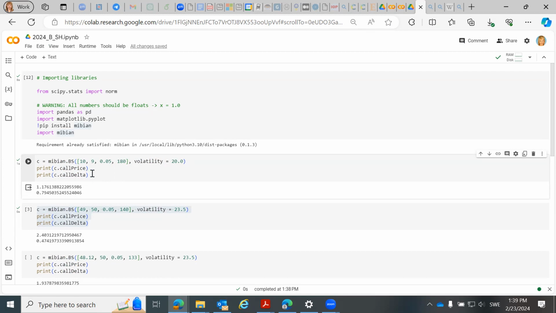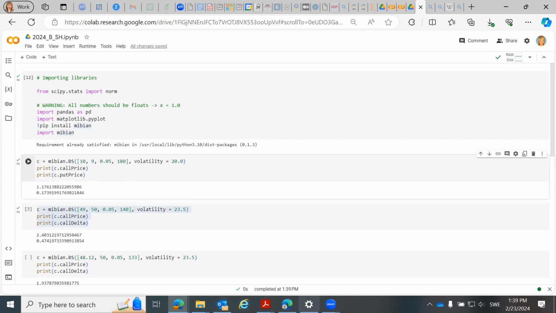And after that I write print call price and maybe put price. Okay, and you see that the call price is 1.17.